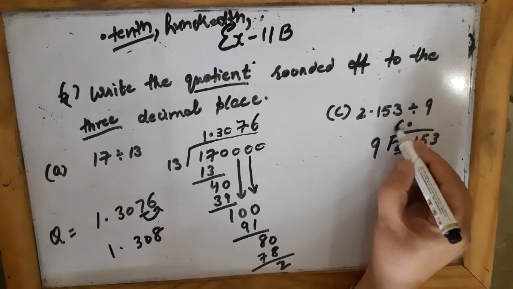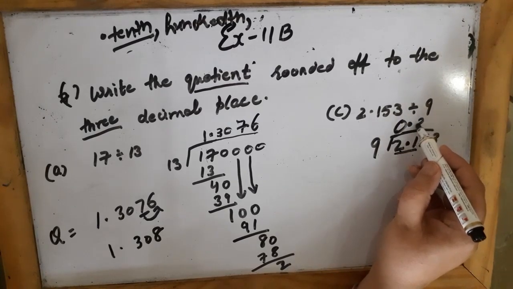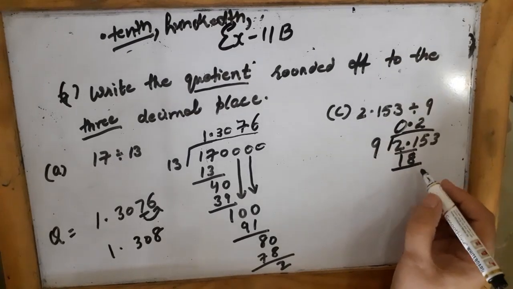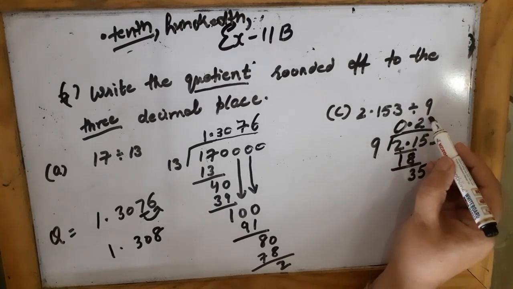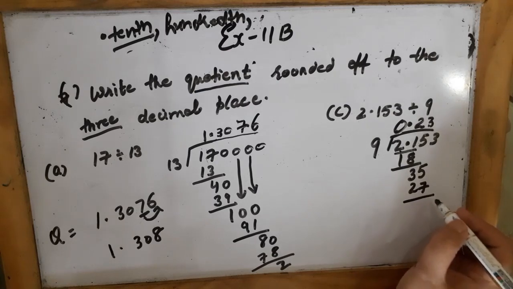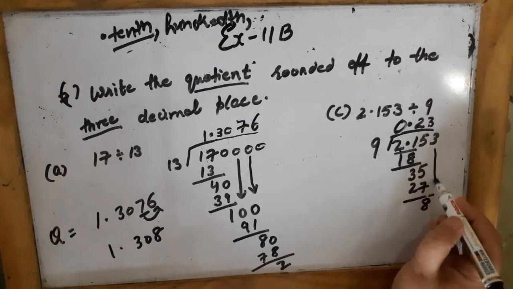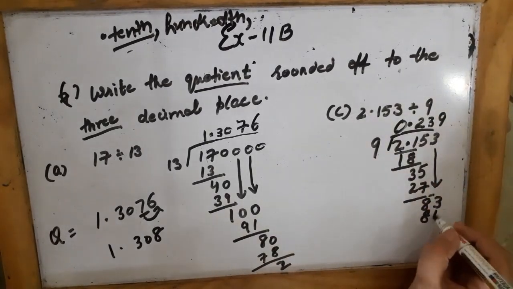So 0 point, now this becomes 21, so you can say 9 2s are 18. So how much is left? 3. 35. So 9 3s are 27. So how much is left? 8. Bring this 3 down. 9 9s are 81.